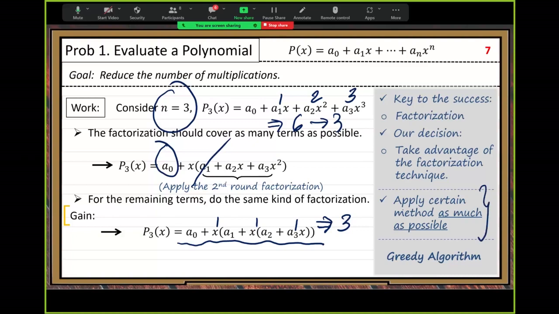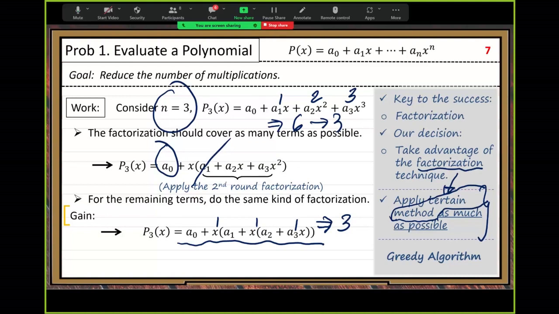Here I use the general wording. The certain method here refers to the factorization method. That's what I'm talking about here, factorization method.